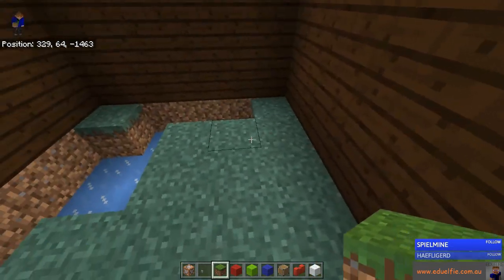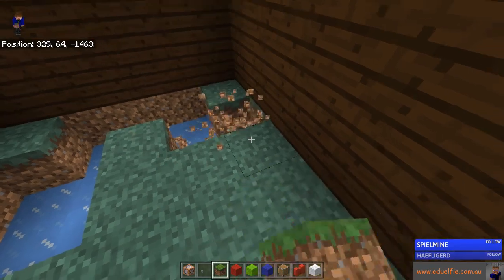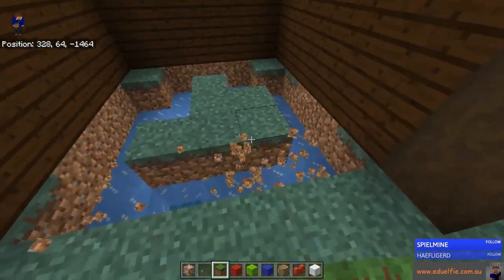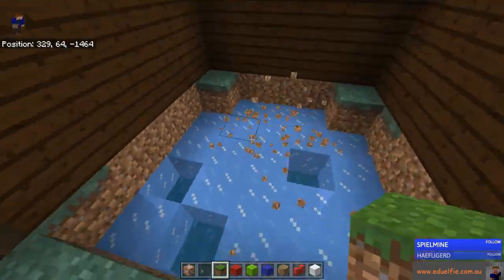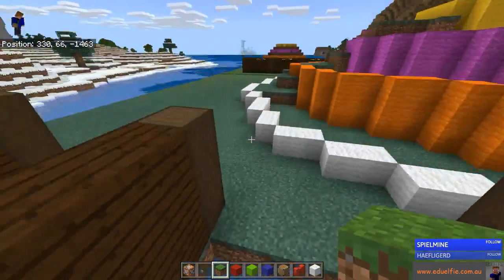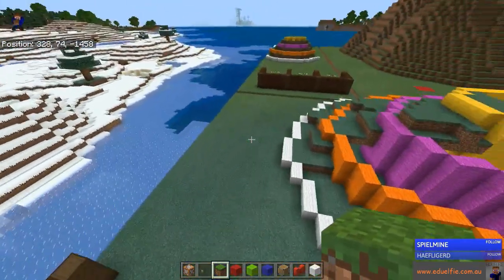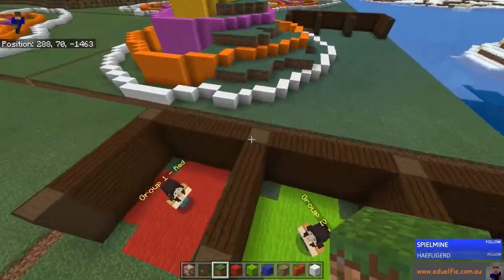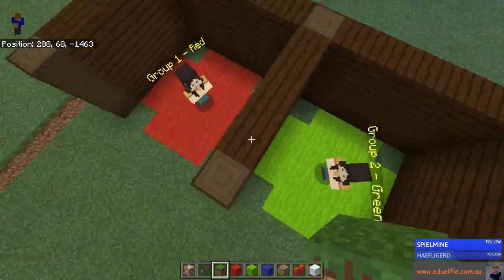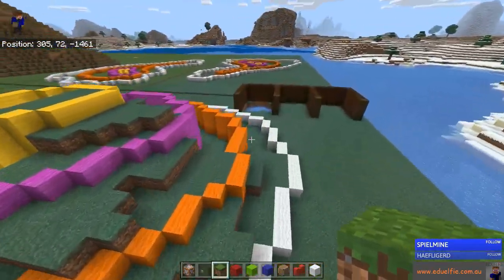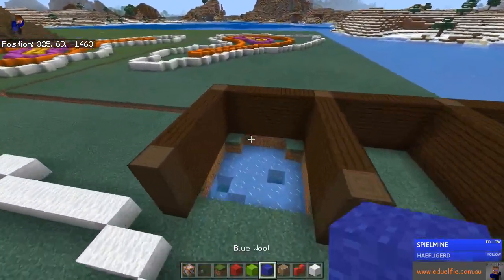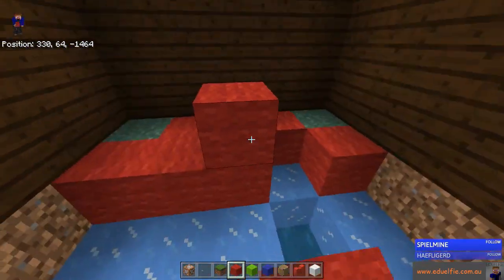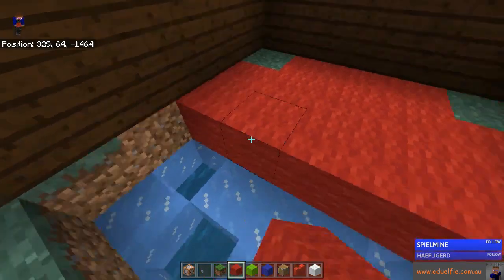This is wrong. Did I come out one too far? I'll probably come out one too far. 1, 2, 3, 4, and then that. So I've done 5 and then that, I'm pretty sure. So we'll fix that in a bit. But 1, 2, 3, 4, 5.